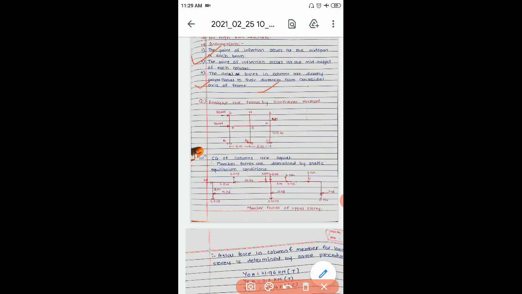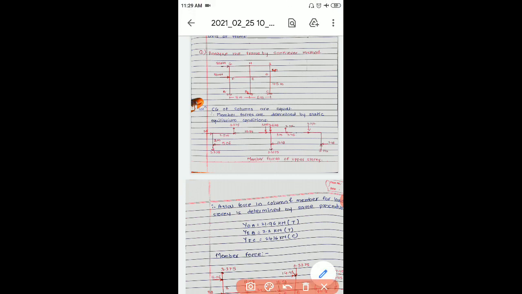Same way, we are going to apply the equilibrium conditions, summation of Fx or Fy equals 0 and summation of moment equals 0, and accordingly we'll calculate. So what is the first step? This is a question that has been asked in the exam also: analyze the frame by the cantilever method.